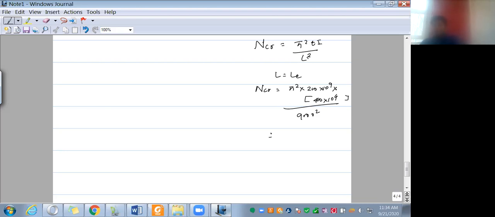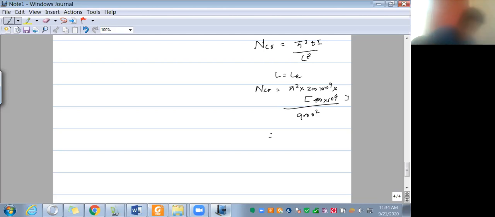So you will get a value for NCR. That value is going to tell you how much load this member can carry. So let's work it out and tell me the value for NCR. In the meantime, I'll check my calculator for the value.